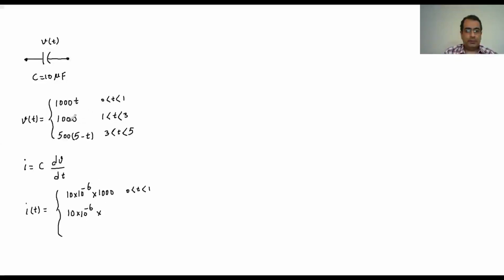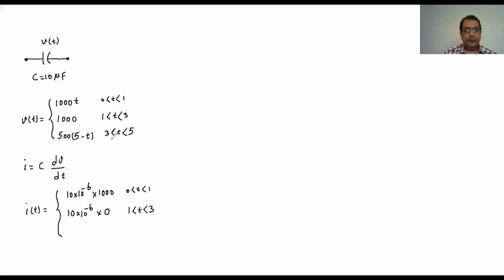Here V is constant, so dV over dt is going to be 0. And we had it before: if we have a constant voltage in the circuit, there's not going to be any current in that circuit. So between 1 and 3, it's going to be 0.